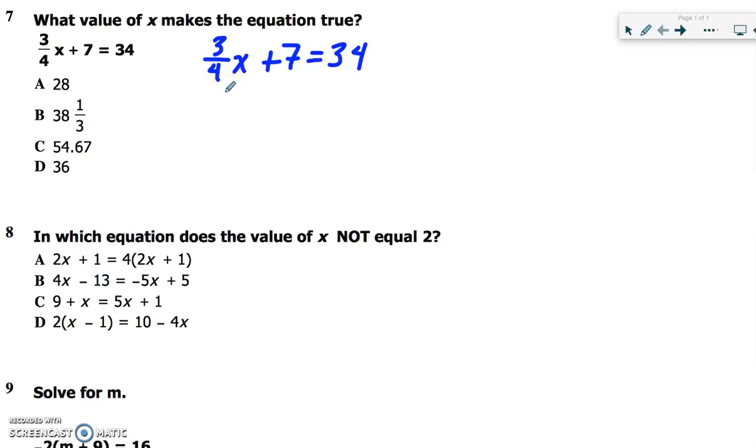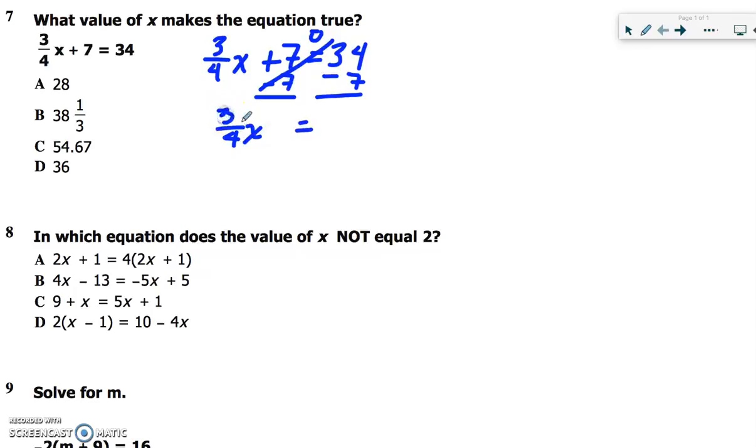If I knew what x was, I'd multiply first, then add. Since I don't know what it is, I'm going to undo the addition by subtracting first. Subtract 7. Subtract 7. And I bring down my 3/4 x. So I didn't do anything with it. And my 7s cancel out.